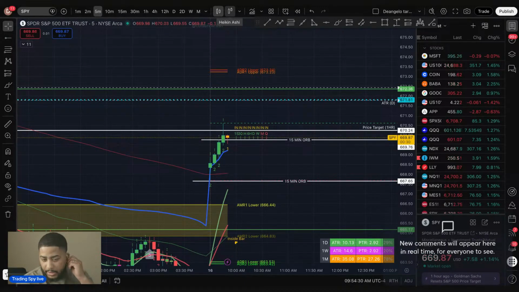Buyers stepping in so far. If this candle closes strong, it's probably going to continue going up. This is a tough position right here, to be honest.